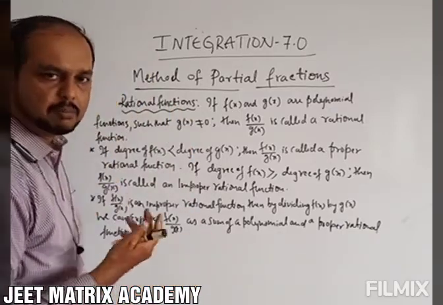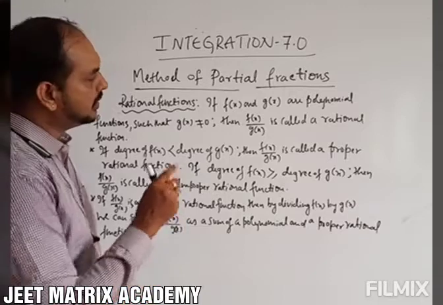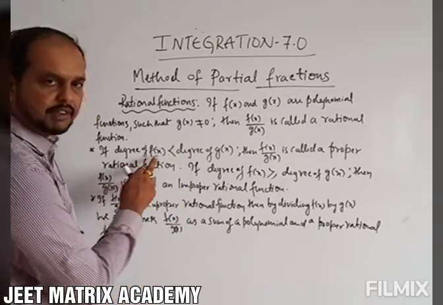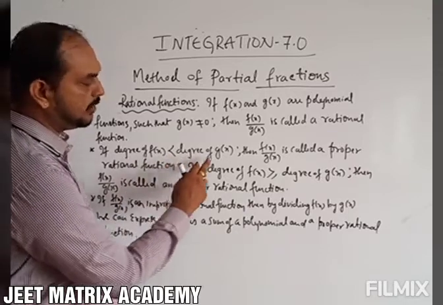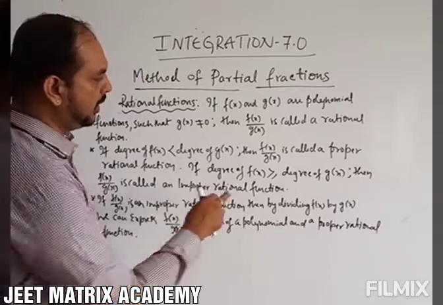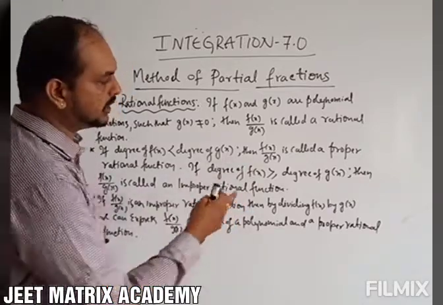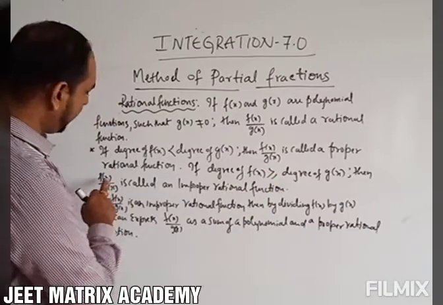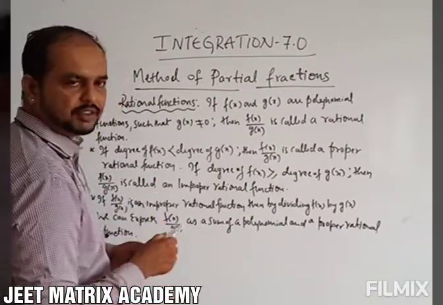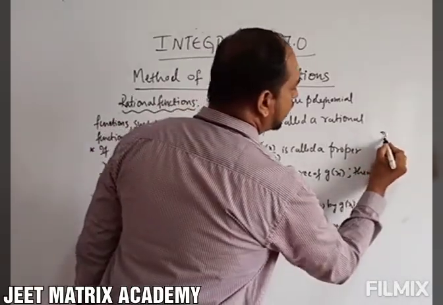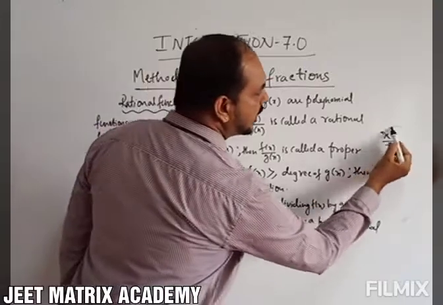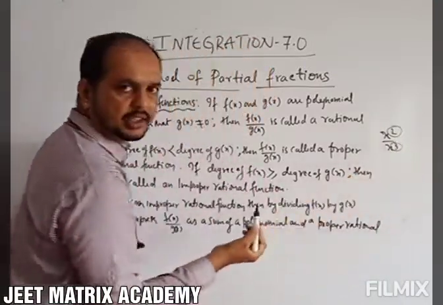The second important point is to see the degree of the numerator and the degree of the denominator. If the degree of f of x is less than the degree of g of x, that means the degree of the denominator, then f of x by g of x is called a proper rational function. For example, x square by x cube: here the degree is 2, and here the degree is 3.